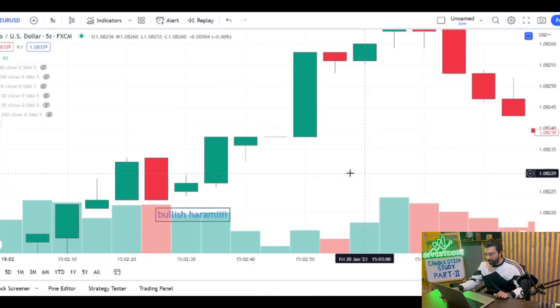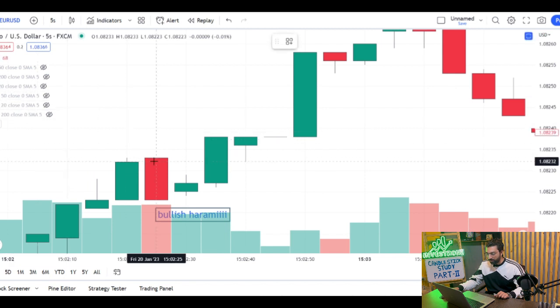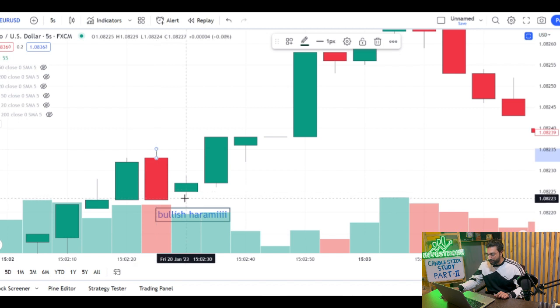So traders, here you can see there is an example of bullish harami pattern. Here you can see there is a mother candle, the large bearish candle, and there is a small one, which you can refer to as a baby candle.